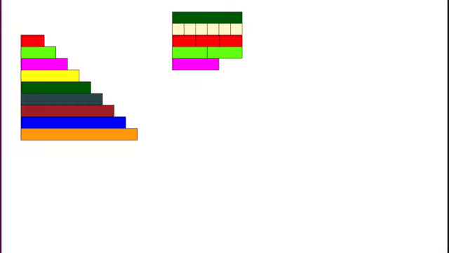And I can see that the purple rod lines up very nicely with 2 of my red rods or 4 of my white rods. And so I can use the values of those rods to help me figure out the value of the purple rod. So because the white rod is 1/6 of my whole, the purple rod is 1/6, 2/6, 3/6, 4/6 of my whole.